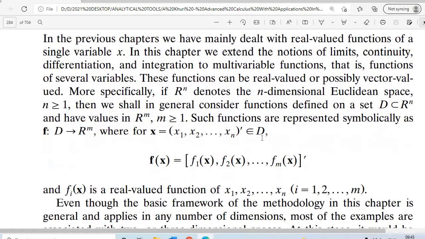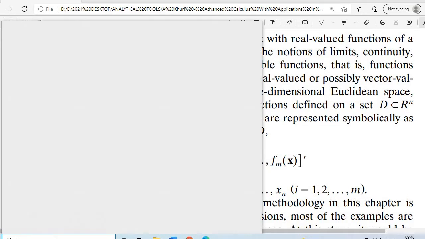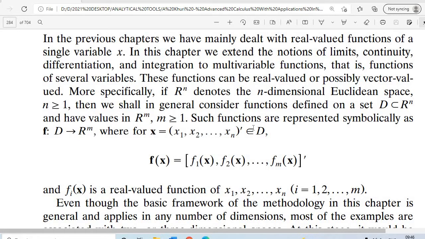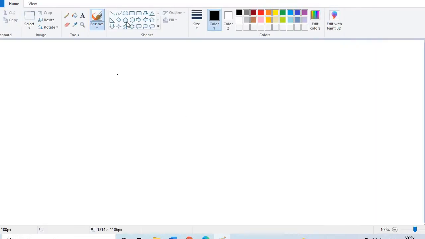For that we consider the Euclidean space, n-dimensional Euclidean space, and a vector in this n-dimensional Euclidean space can be represented as bold x, that is (x1, x2, ..., xn)'. Prime means it is a column. If you put prime, then that will be a column.